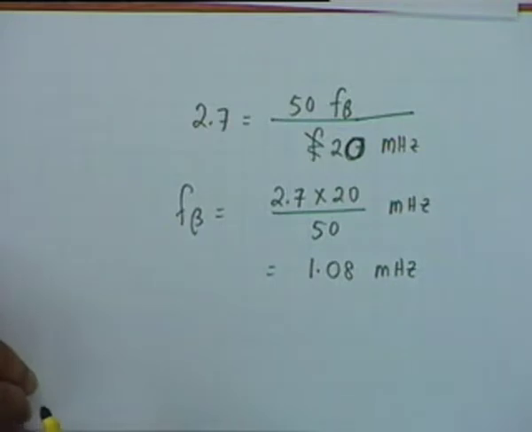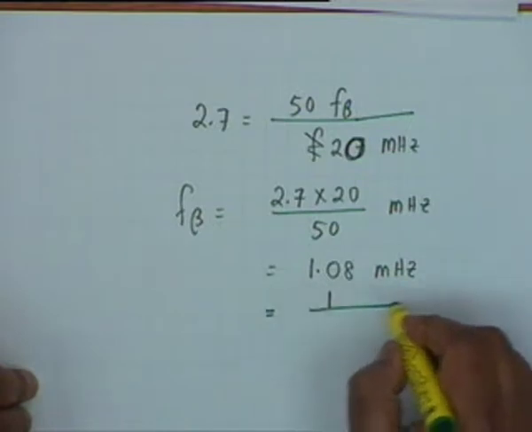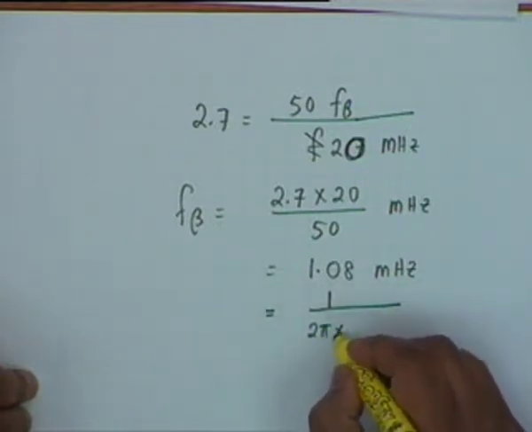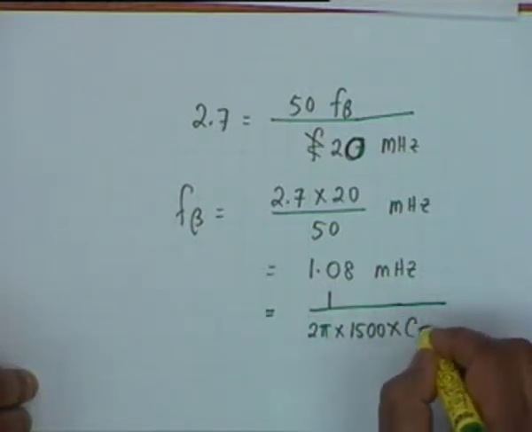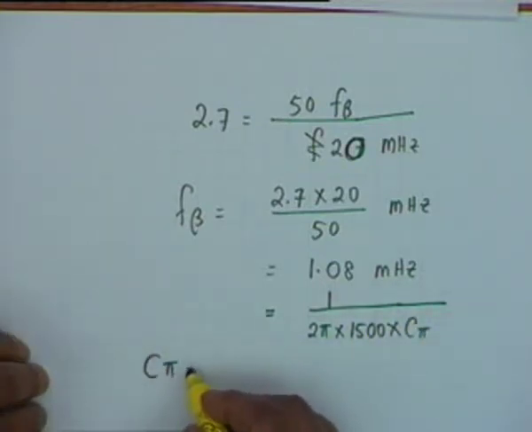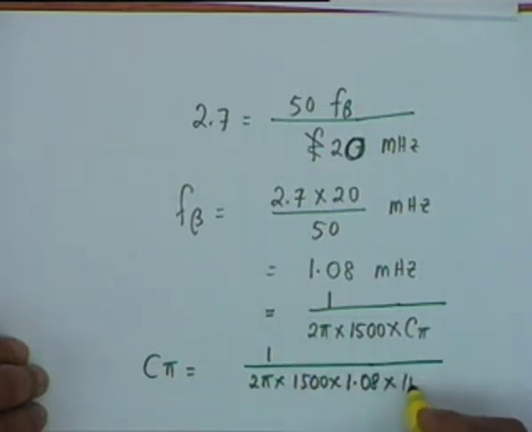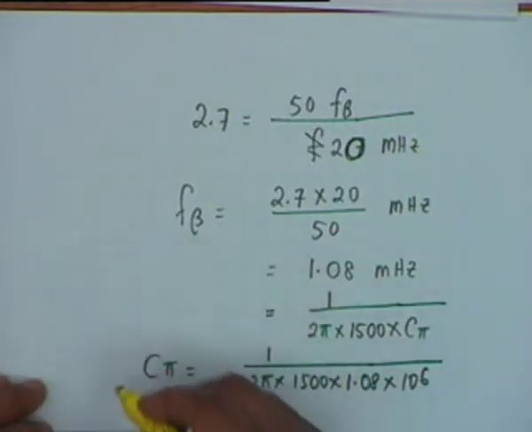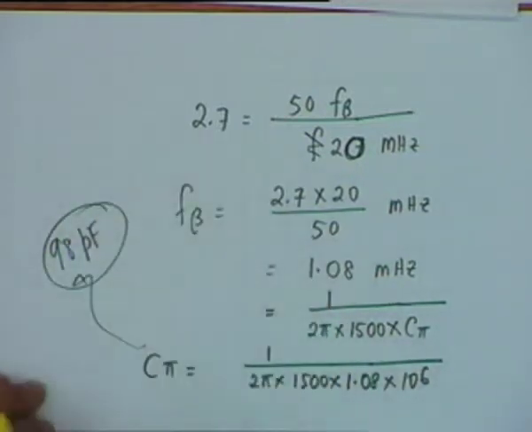This is your f beta, and if you know f beta, then you can find out C pi. F beta after all is 1 over 2 pi times r pi, which is 1500, and C pi. Therefore, C pi is equal to 1 over 2 pi times 1500 multiplied by 1.08 times 10 to the 6, and this calculates out to approximately 98 picofarads.